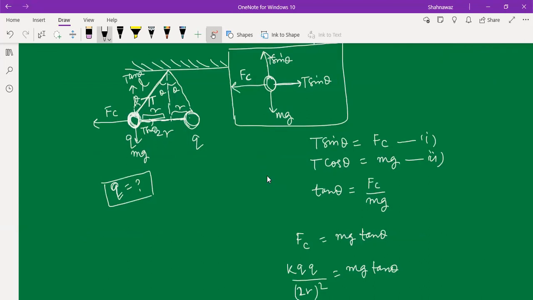And whenever you need to write more, please tell me that I need to scroll down. Then I will scroll down. One more thing, sir, can you show the final answer for Q?